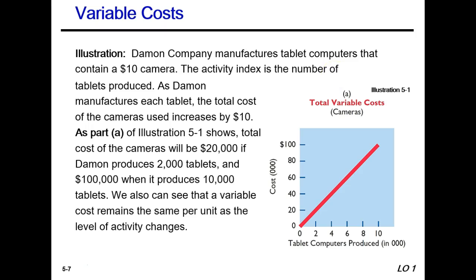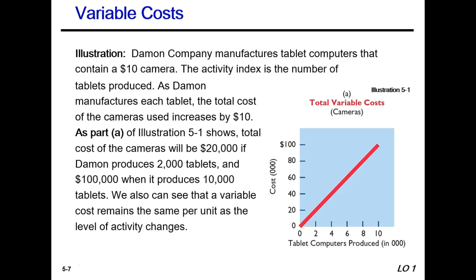Damon Company manufactures tablet computers that contain a $10 camera. The activity index is the number of tablets produced. As Damon manufactures each tablet, the total cost of the cameras used increases by $10.